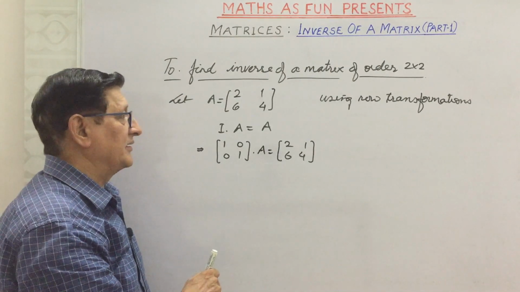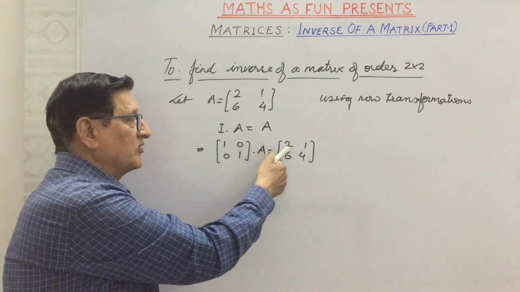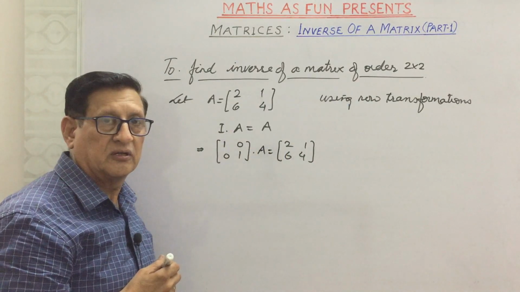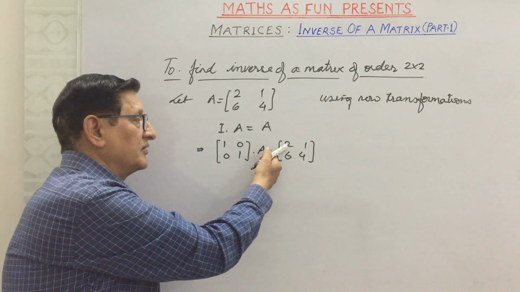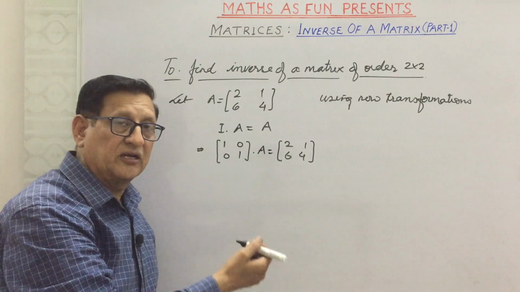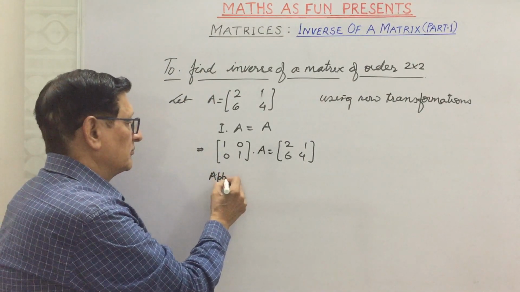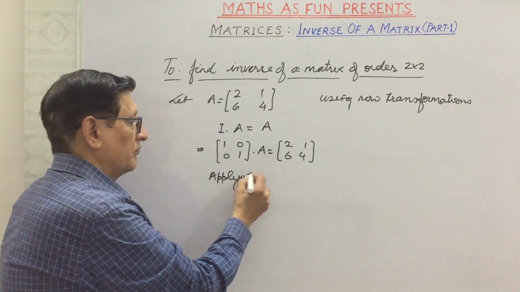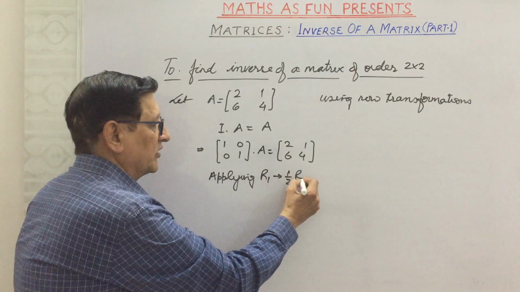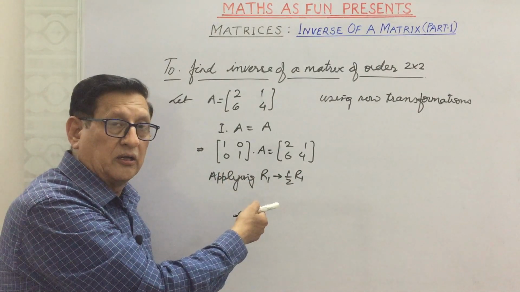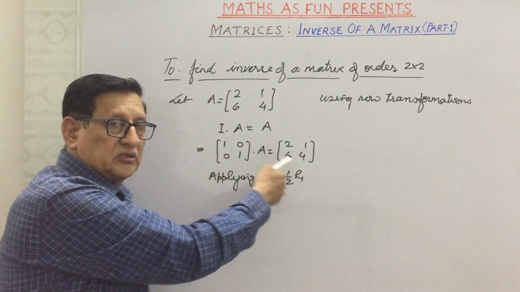What we do in that case is try to make the first element A11 as 1. That can be done by dividing by 2. So we divide row 1 by 2, applying row 1 as half row 1, meaning we multiply row 1 by 1 by 2, and we do that on both sides.